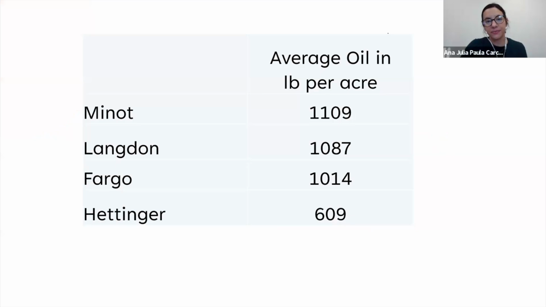So saying this, there is a way that researchers study this, and this might be a lot of lines for you when I show you the graph that I'm going to show you later. So I will try to go slow. In the previous graphs that I've been showing, in the x-axis you always have the site: Minot, Langdon, Fargo, Hettinger, right?